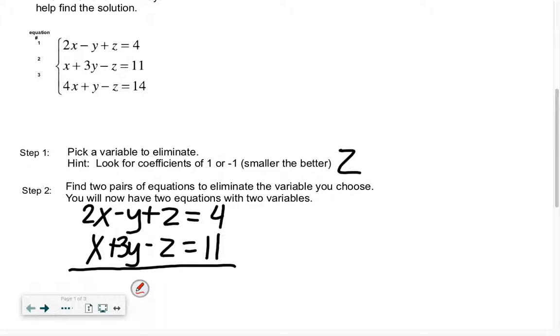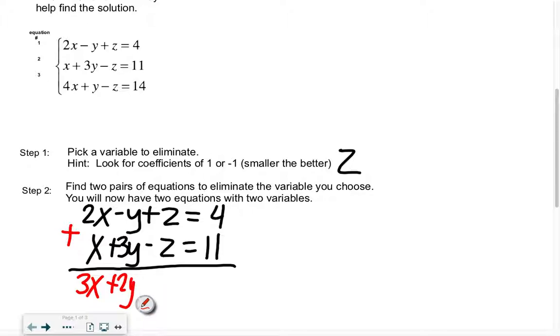Adding. Good. So 2x plus x gives me 3x. Negative y plus 3y gives me 2y. What happens with my z's? Cancel. And then 4 plus 11 gives me 15.